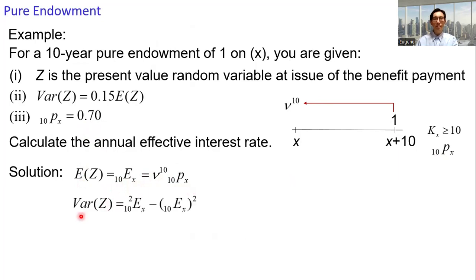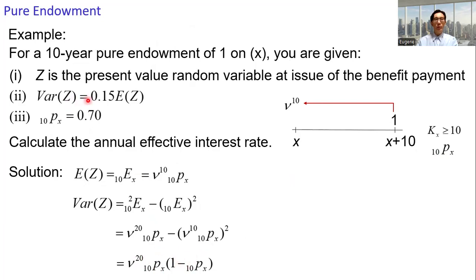And for the variance of Z, we have this expression. The second moment is v to the power 20 times 10px, minus 10Ex squared, which is v to the power 10 times 10px, squared. Upon simplification, we get this expression.